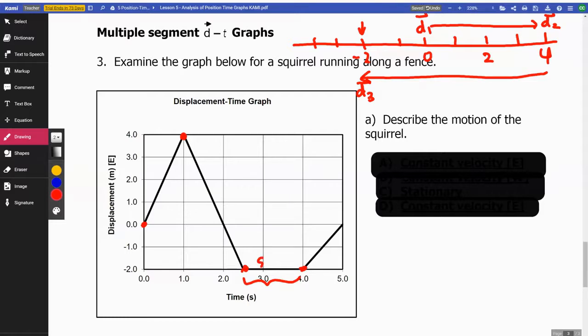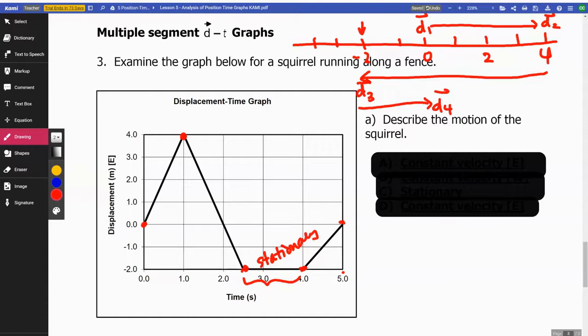So at this point, are we okay that we say this is a stationary stage? We didn't really talk about it, but he didn't move anywhere. And then finally, at 5 seconds, he's now moving back to 0. So after the squirrel stays there, does whatever business, he comes back to 0. This is the final position.